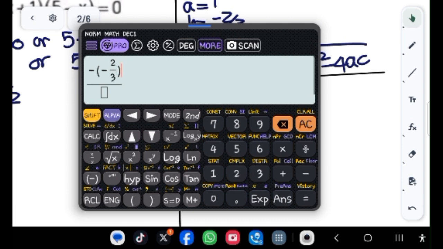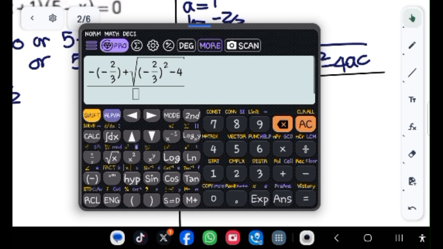Right, plus the square root of the common fraction button. B is negative, common fraction button, in bracket 2 over 3, all squared. This must be all squared. Okay, minus 4.